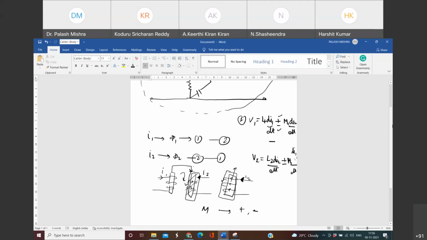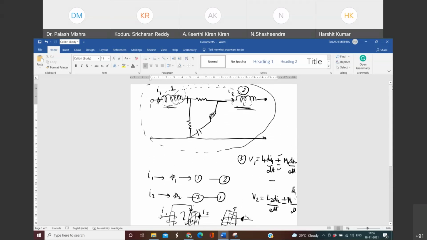Definitely, you must know how the windings are wound around that coil. So by looking at this question, can you tell me how the windings are wound? This is just a symbol. But you know how the windings are wound, whether in this manner or in this manner. Can you tell me?